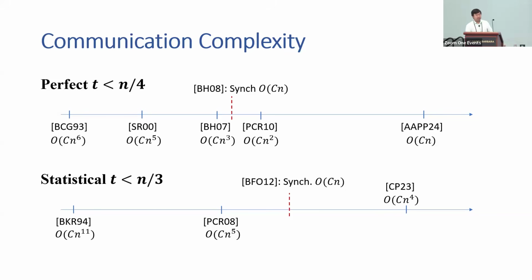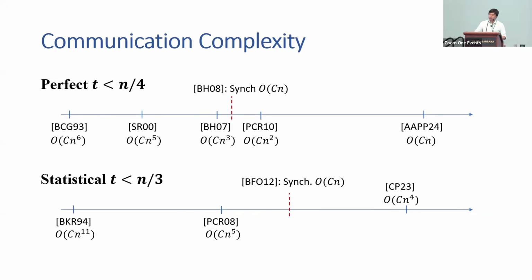If we move on to the statistical setting, we know much less. The first work was introduced by Ben-Or, Kelmer, and Rabin in '94, who gave a protocol with n^11 communication complexity per multiplication gate. And the state of the art is essentially still n⁴ per multiplication gate.